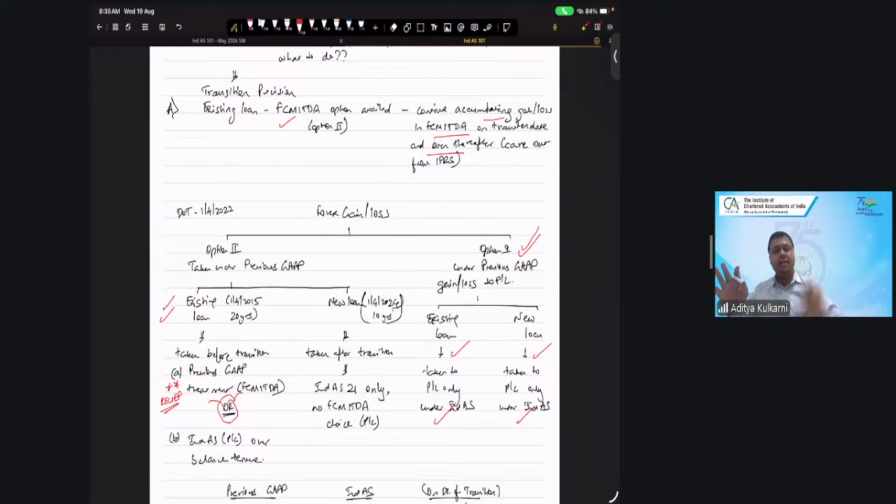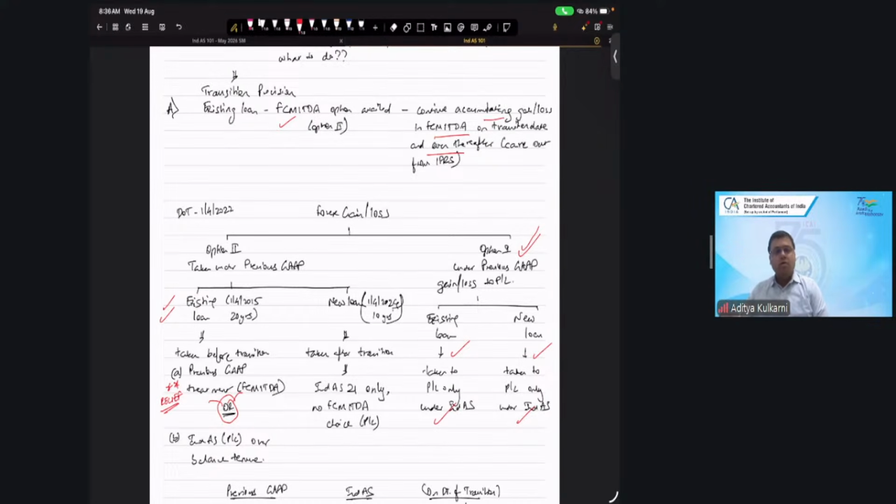The company's birth happens at incorporation. Your transition to Ind AS is a fantastic opportunity to clear up all your past sins and start with a clean slate. It is as if the holy waters of the Ganges fall upon the company and you become clean after the transition, to make new sins again. So this is a fantastic opportunity.